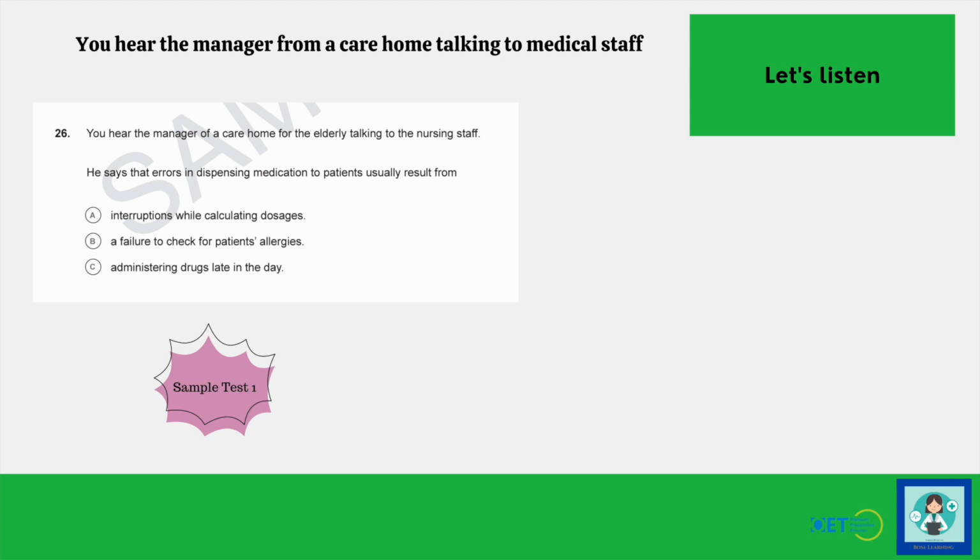Also, we know that being disturbed for any reason while working out and preparing doses is a common reason for mistakes. So please, try and avoid distracting your colleagues while they're doing this. Finally, we must be on the lookout for drug interactions, side effects, and patient sensitivities. Fortunately, we haven't had too many problems of this nature, but the care needs of the vast majority of our residents are often quite complex.